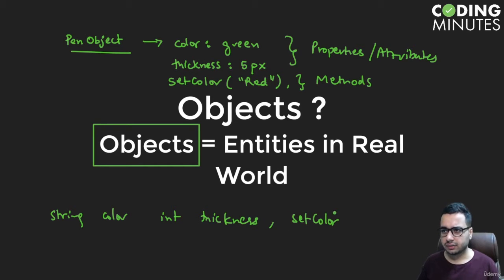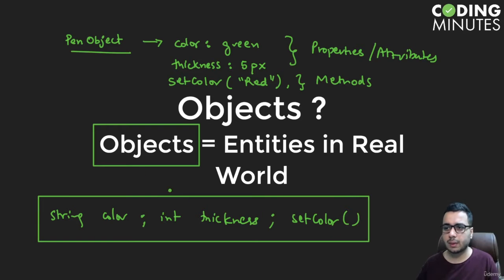But instead of making these different variables stored separately, we are going to wrap them inside a single class, which is known as Pen. So all these attributes and methods are tied with the entity that is a pen. So pen is a real world entity that we are depicting in software.